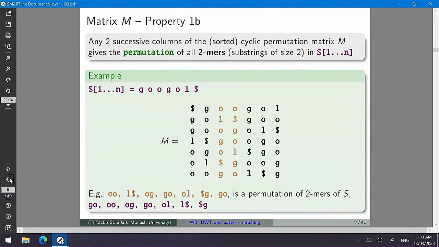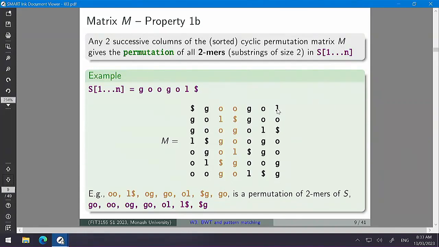Can you see that every 2-gram is also there in any 2 successive columns? It's not just special about the third and fourth. You take any 2 columns that are right next to each other in a cyclic sense, then you will find the 2-grams in them. Is that clear? In fact, this is true if you took the last column. What's the column after the last one? The first one.